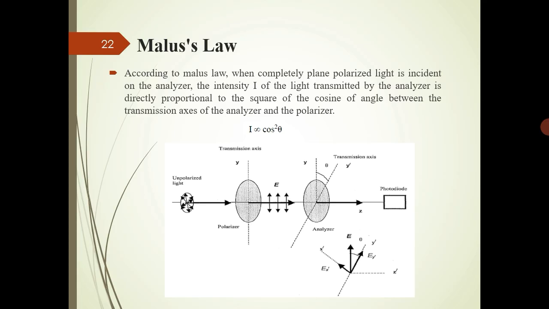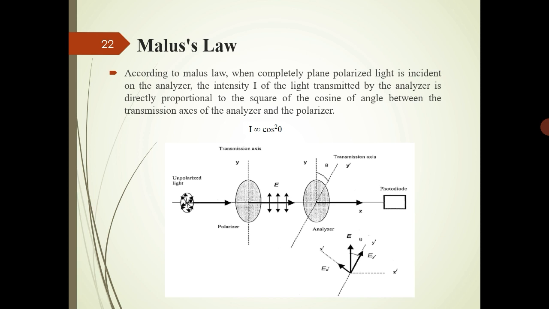Initially, I am giving an unpolarized light which may be randomly oriented in all directions and transmitted in different ways. That light is given to a transmission axis, that means a polarizer.